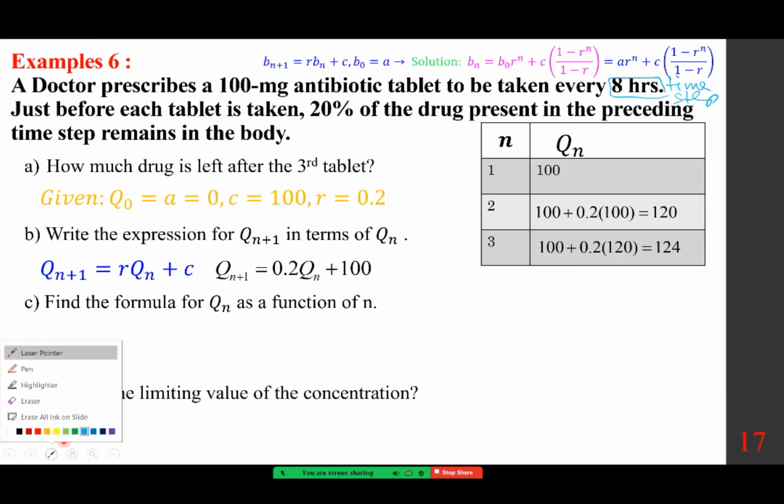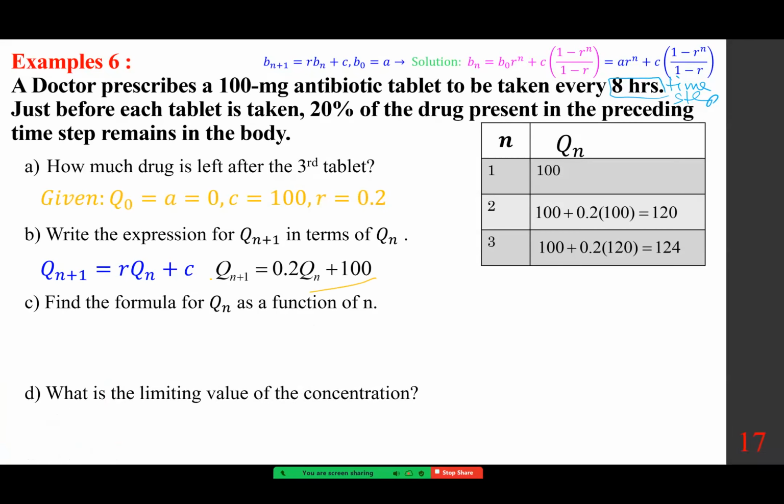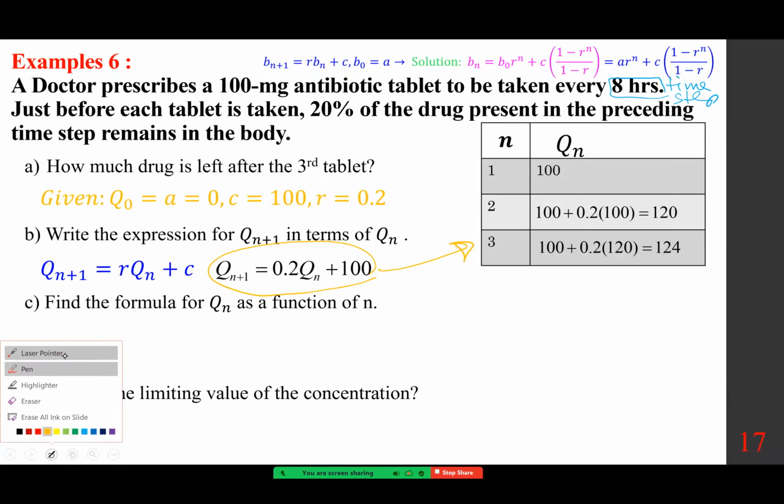And notice you can calculate the table this way. That's what we've done. We've done exactly 0.2 Q sub n plus 100. That's the meaning of it. So the next one is 20% of the previous one plus 100.